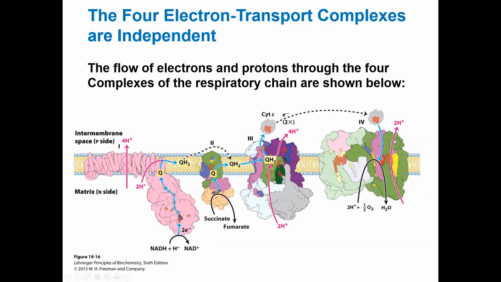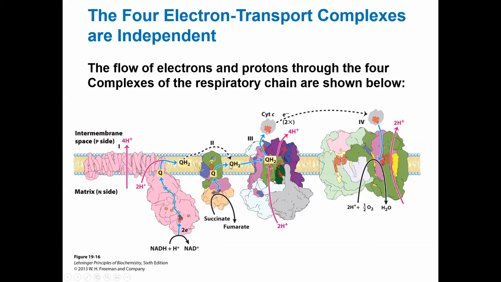Remember, a full reduction of a molecule of oxygen is a 4 electron process, and when you do that, you generate 2 moles of water. Here they are showing you 1 mole of water. That's why they are using half an equivalent of molecular oxygen. So everything is half shown here, just so you know.